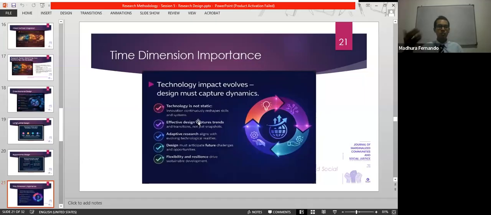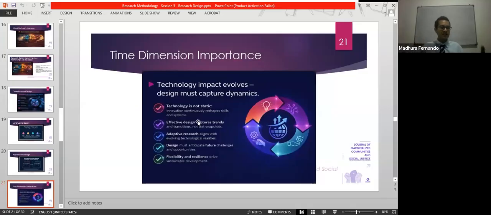Because you know what the research design is that you are going to apply for this particular problem. This is a technological problem, and what is the research design I am going to apply, whether it is longitudinal, cross-sectional, qualitative, quantitative, or what you are going to apply. So understanding the types of research designs is very important because of that.